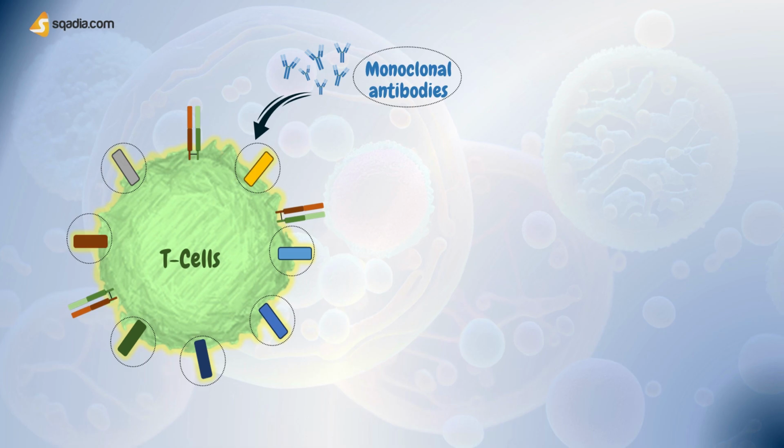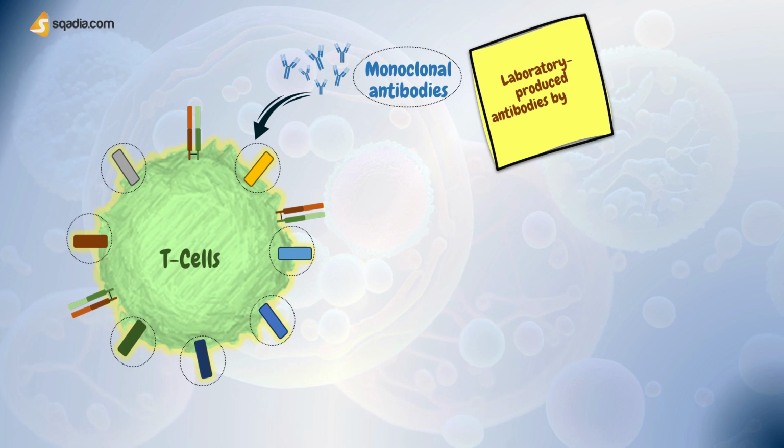And these surface molecules that are found on other immune cells, in addition to T cells, were identified and characterized by the monoclonal antibodies. And these monoclonal antibodies are the laboratory-produced antibodies produced by cloning a particular cell lineage that have the ability to bind only a specific epitope.